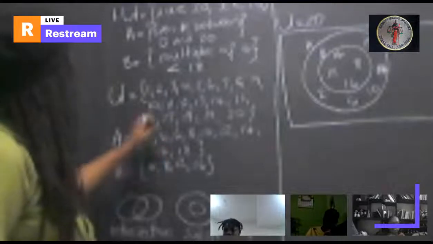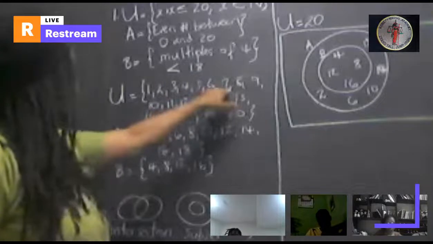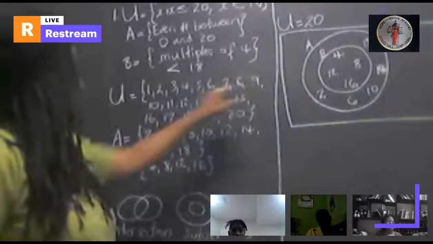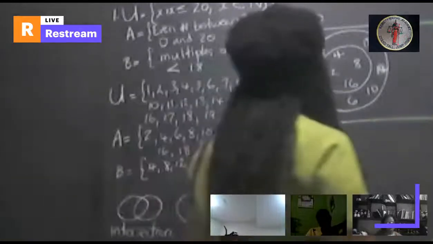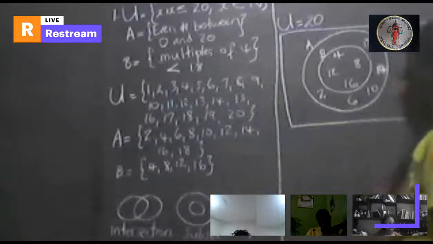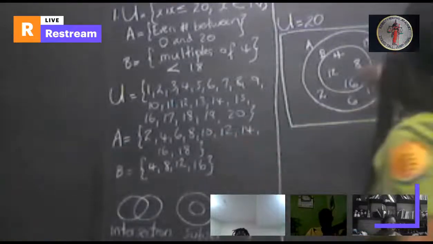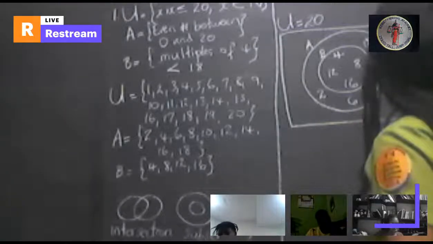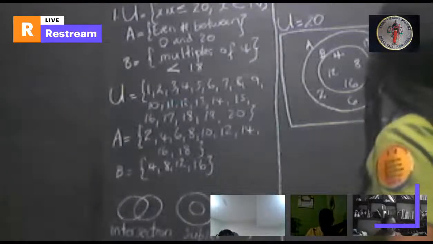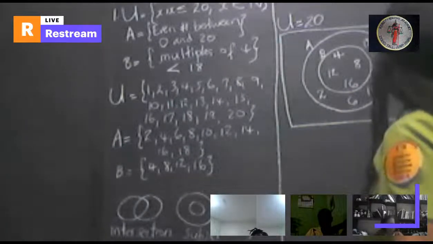That means all the odd numbers will be left: 1, 3, 5, 7, 9, 11, 13, 15, 17, 19, and then 20 has to go as well, even if it's an even number, because it was not included in set A.